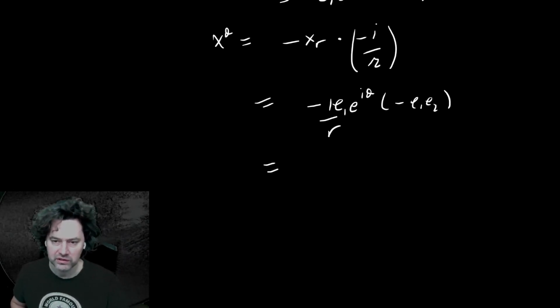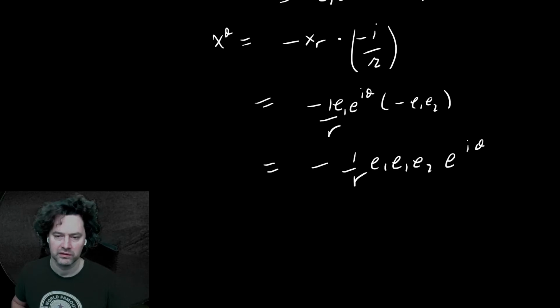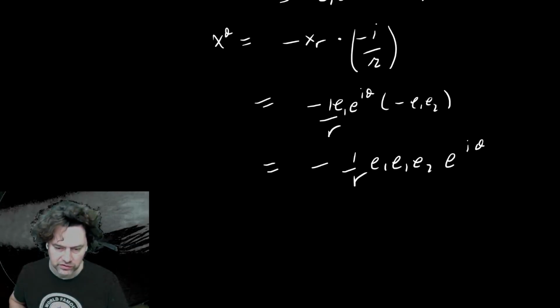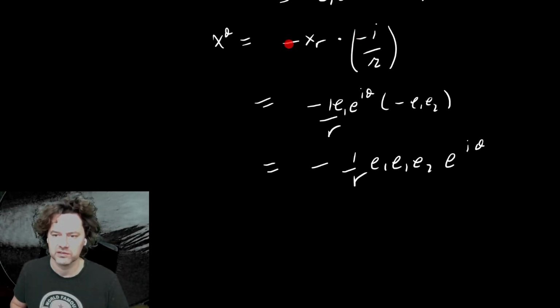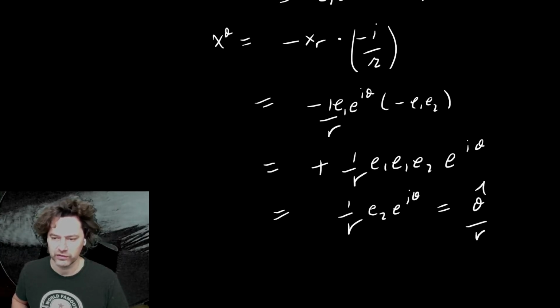And same deal, we can say minus 1 over r e1 e2 times e^{I theta}. Oh, and sorry, there was a minus and a minus, and I've left a minus instead of canceling it out, which should be a plus, and we are left with 1 over r e2 e^{I theta}, which sure enough is just theta hat over r, which is what we expected.